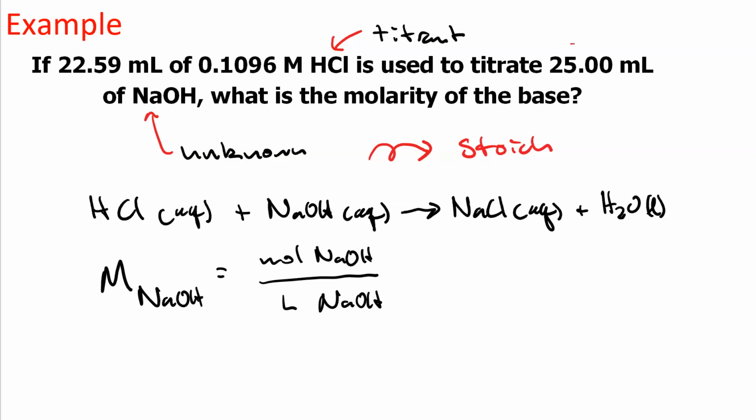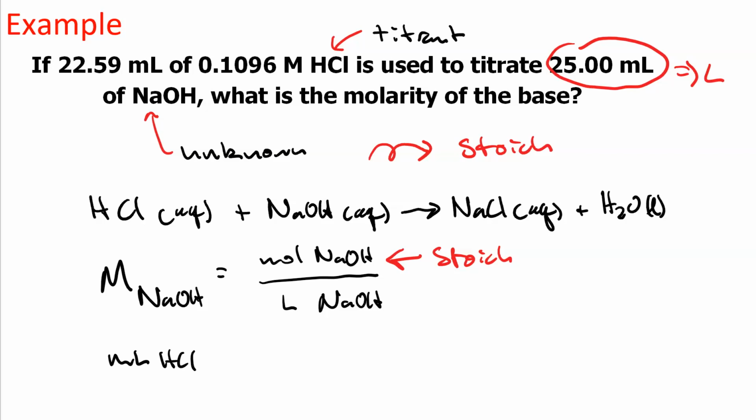Well, we know the volume of NaOH. We can convert that to liters pretty easily. We get the moles of NaOH from stoichiometry. Specifically, we'll take the milliliters of HCl, we'll convert it to liters, we'll convert that to moles of HCl. From moles of HCl, we convert to moles of NaOH. Et voila!